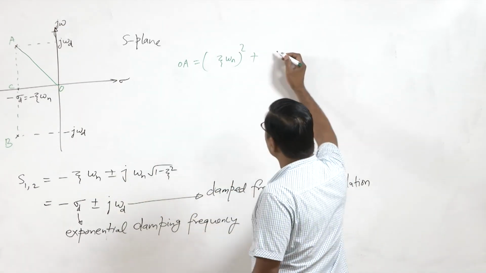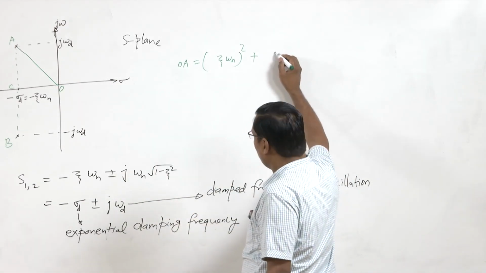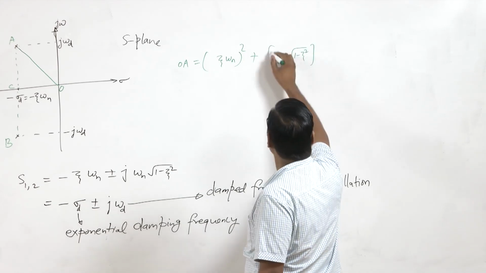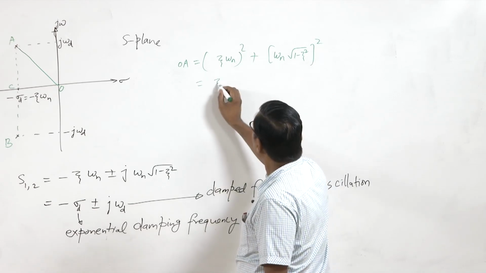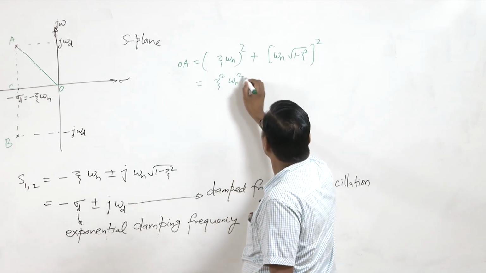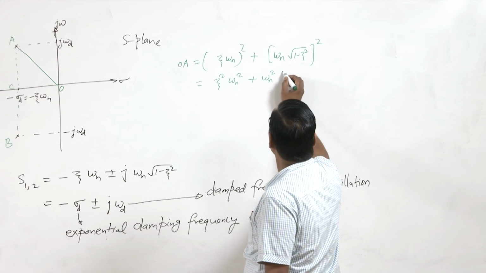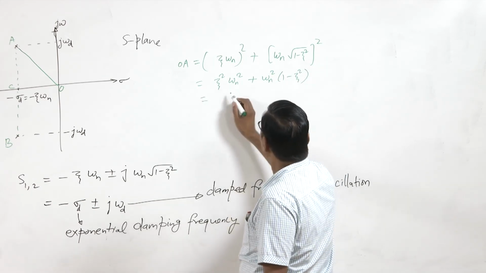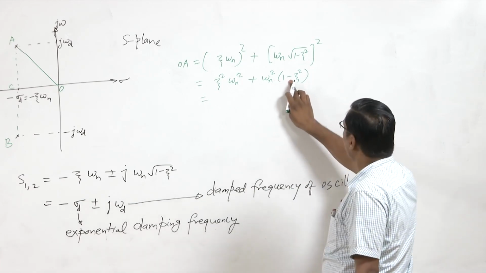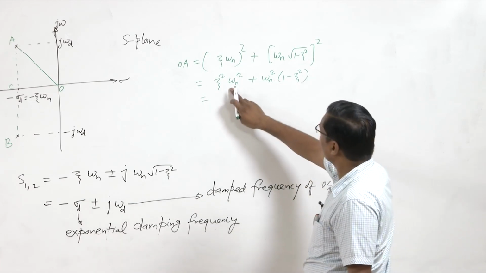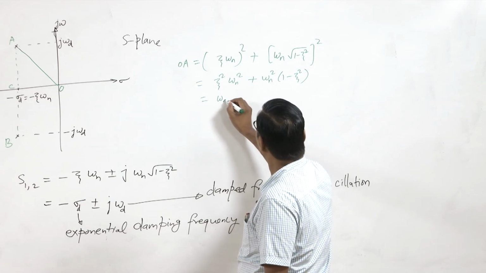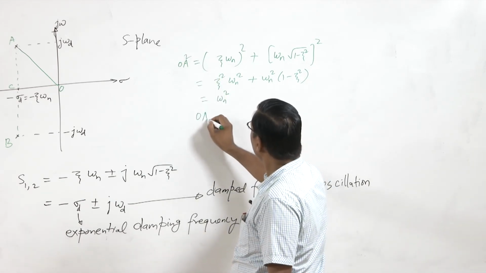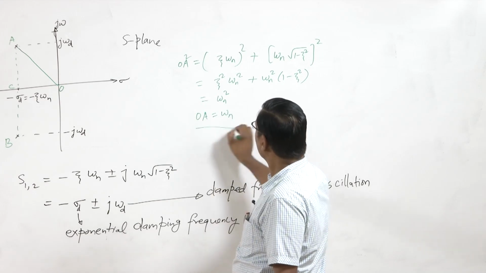So that is omega n root 1 minus zeta square whole square. So here we get zeta square omega n square plus omega n square into 1 minus zeta square, and so omega n square minus omega n square zeta square will cancel out. So we will get omega n square, OA square. So OA equal to omega n.